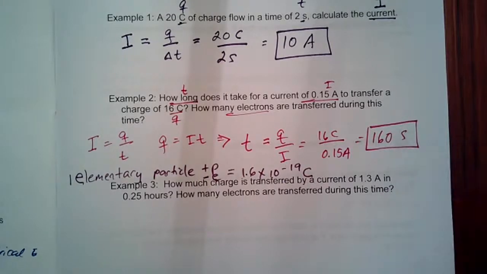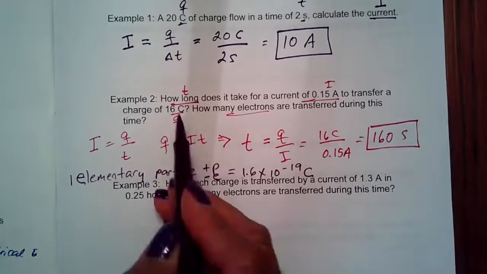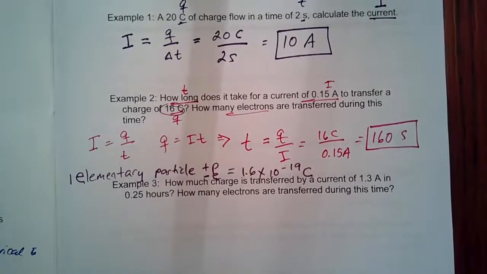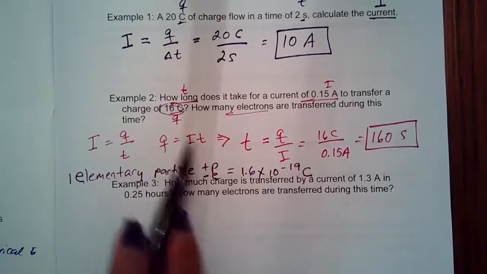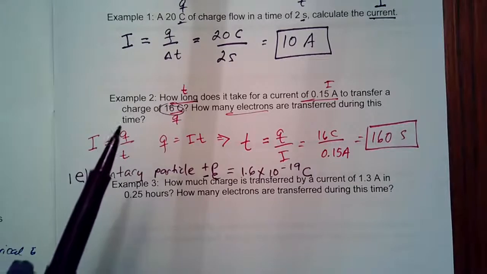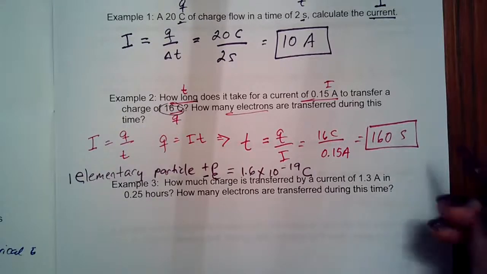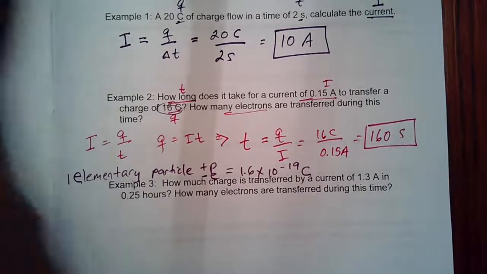Now this becomes a unit conversion, because you have 16 coulombs here, which is the charge of this much current. So we're looking at how many electrons actually move to create that charge. It's just a unit conversion.